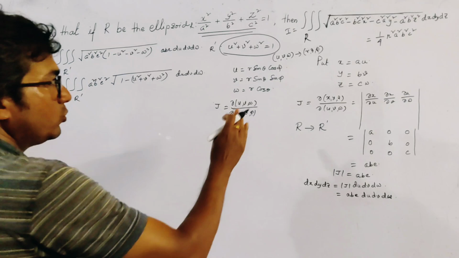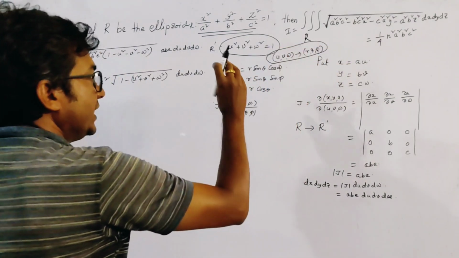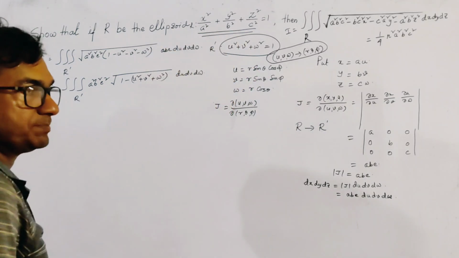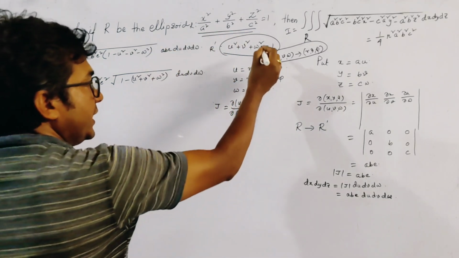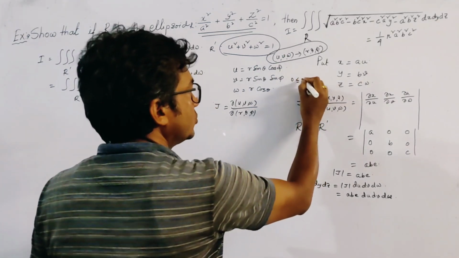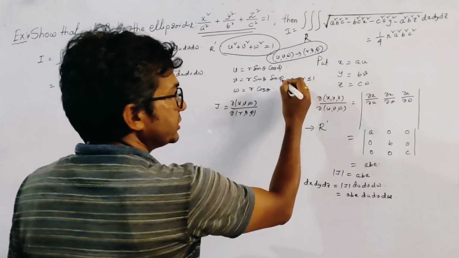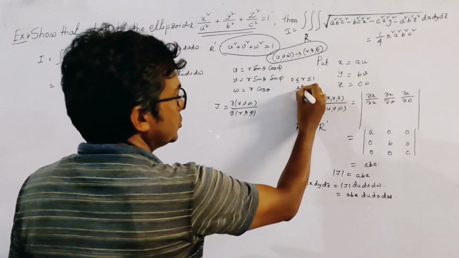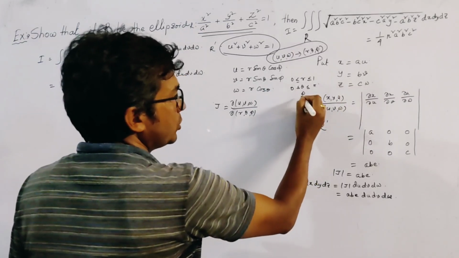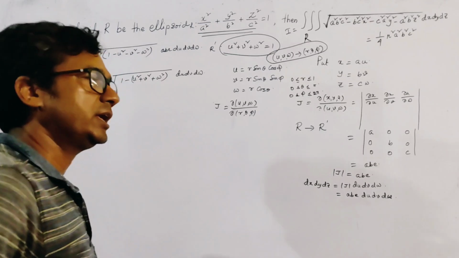As we discussed in the previous class, for the complete sphere of radius 1, the range of r is 0 to 1, the range of theta is 0 to pi, and the range of phi is 0 to 2 pi. Clear?